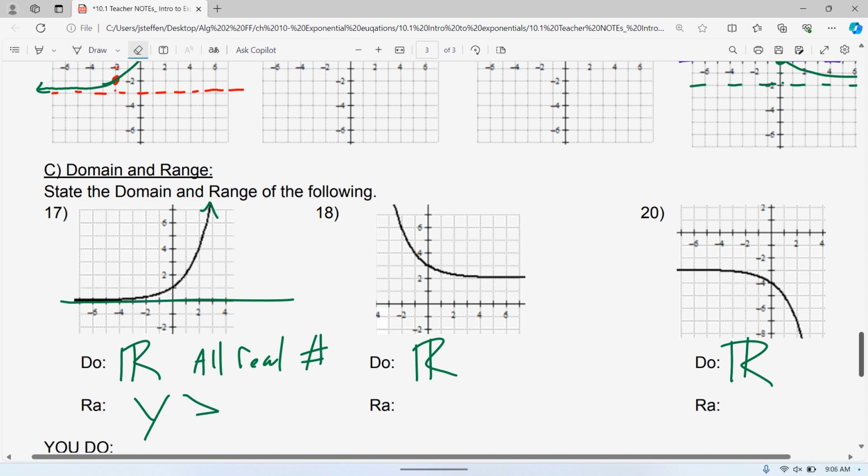Bigger than 0. Y is greater than 0. I'll be honest, if you put greater than or equal to, I'm going to count you wrong, but I think technically it's just greater than. It's never actually an equal. But the reason it's like that is because it's going up. That asymptote, that green line, it's everything above that, so y is greater than 0.